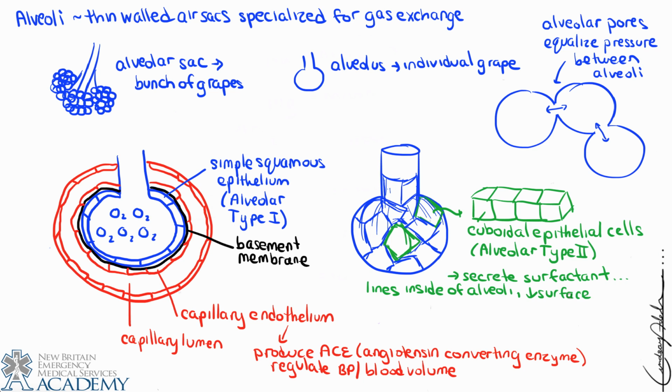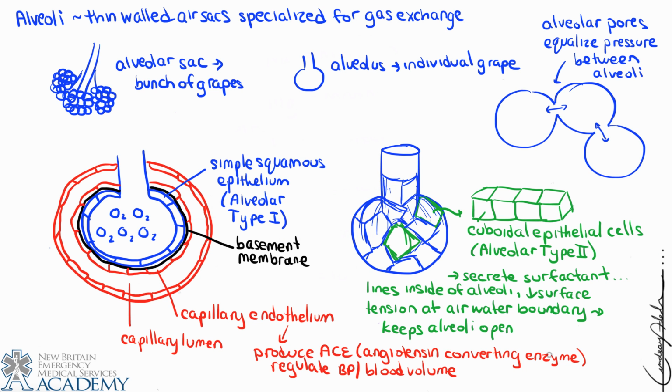And one thing that is kind of complicated is that, as you can see, right around the entire alveolus, we have this capillary, which is filled with water. So we have what's called an air-water boundary, where the gas exchange is actually occurring. And there's a lot of surface tension at an air-water boundary. So really what happens is the alveoli want to sort of collapse over because hydrogen bonds want to form in the water that's around it.